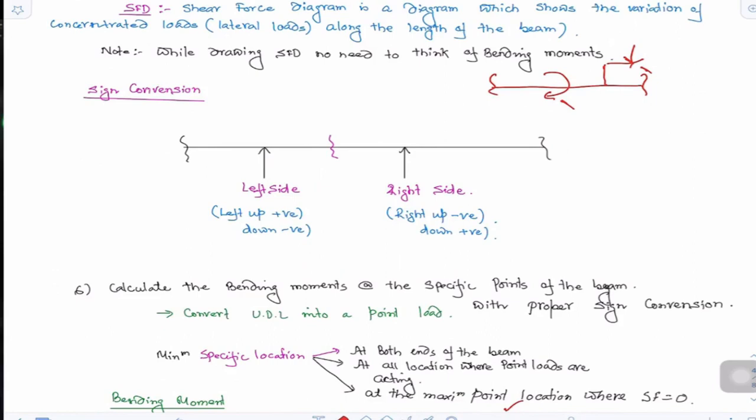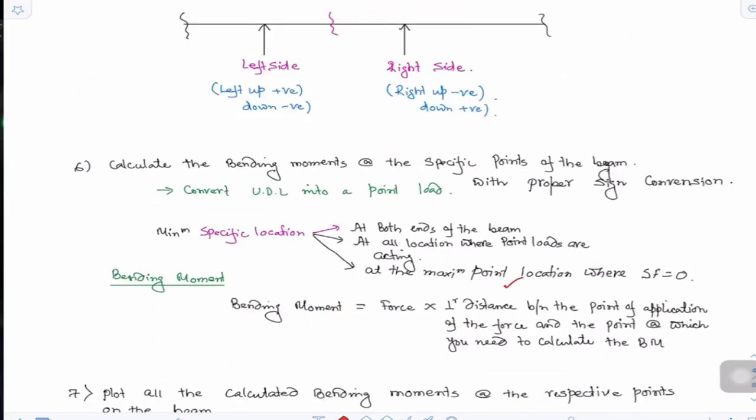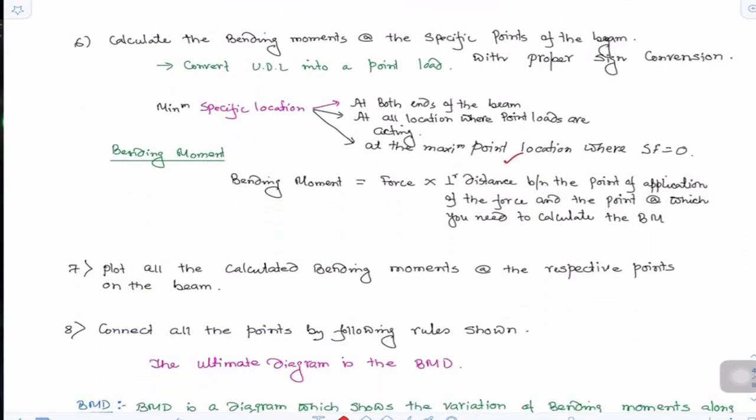At both ends of the beam, at all locations where a point load is acting, and importantly where the maximum bending moment is occurring. Maximum bending moment always occurs where the shear force becomes 0. So these are the minimum locations where you need to find the bending moment.